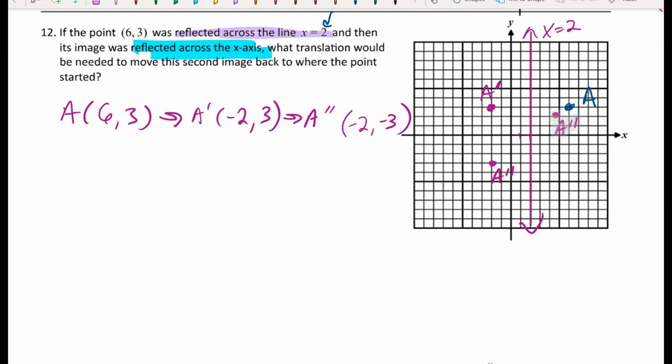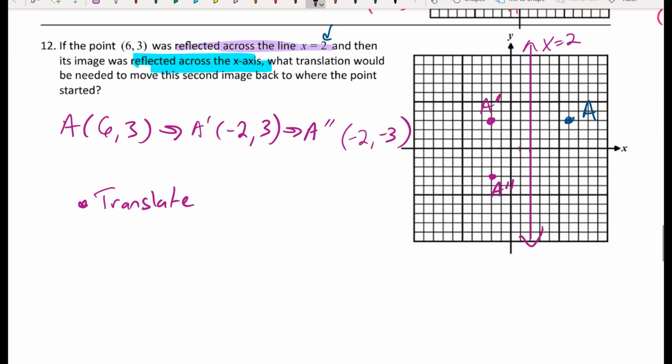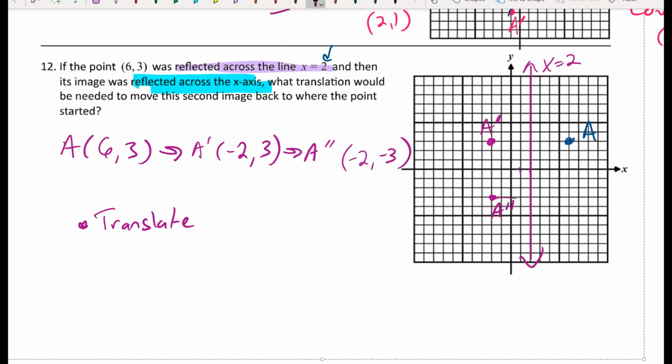So I want to slide it back up there, figure out how far right and how far up I need to go. So remember, a translation is just moving either left or right or up or down. So if you count your boxes, if you translate, let's see, this distance right here, if I'm counting carefully, is 1, 2, 3, 4, 5, 6, 7, 8.